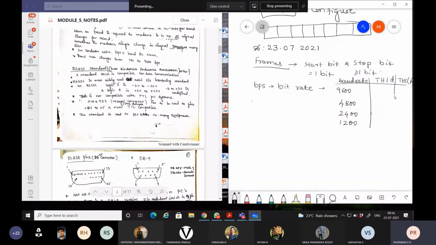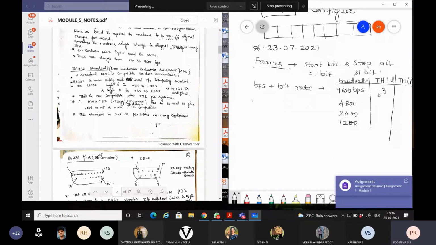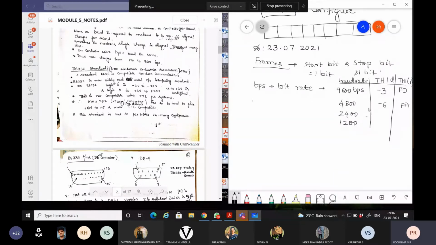Whenever we go for TH1, if 9600 bits per second is chosen for the data transmission, TH1 has to be loaded with -3, which is equivalent to FD. 4800 has to be transmitted with -6, which is FA, and 2400 baud rate with -12, with a hexadecimal value of F4H.